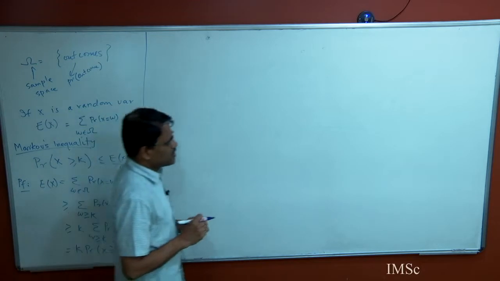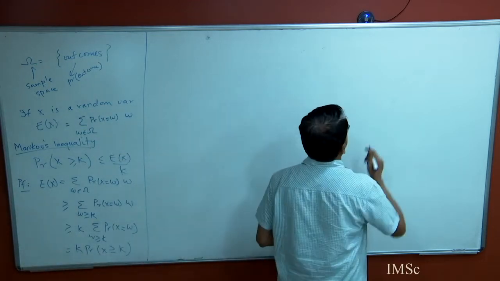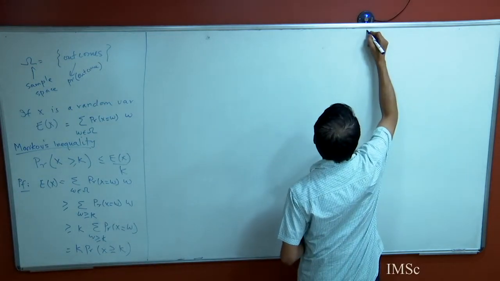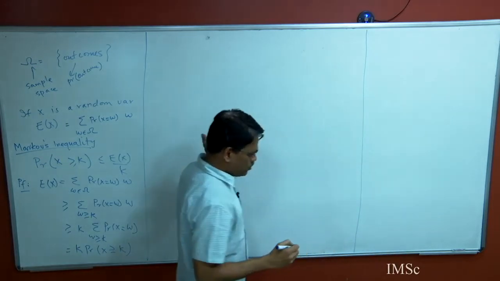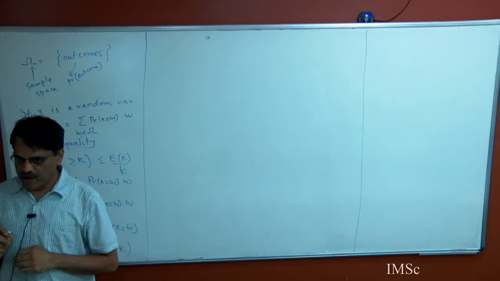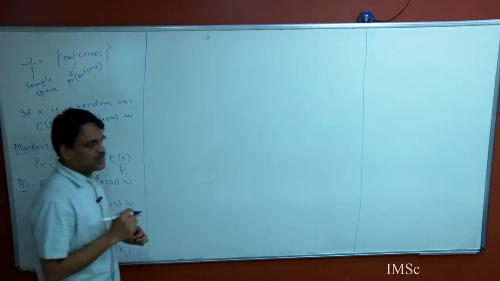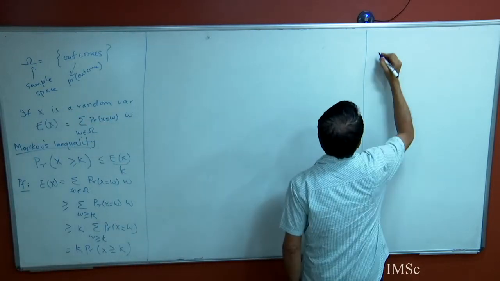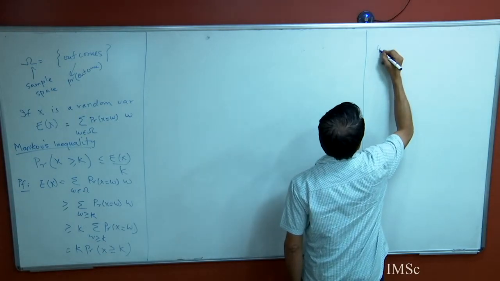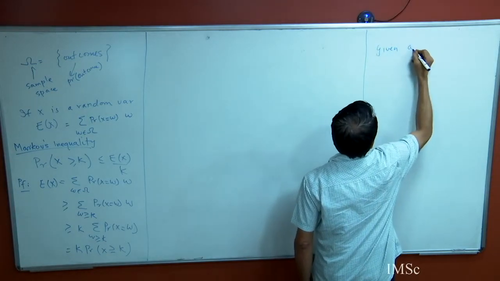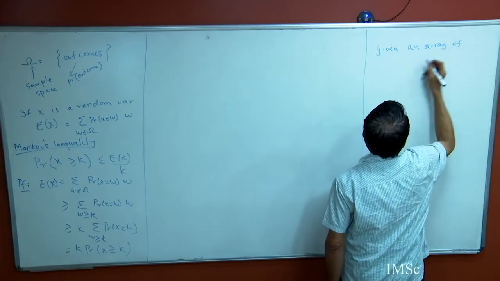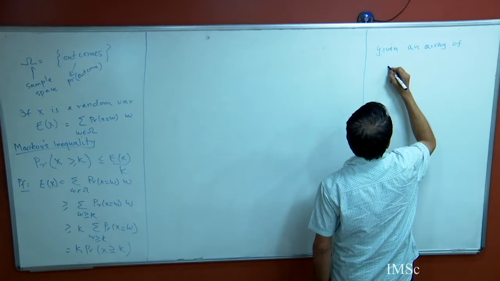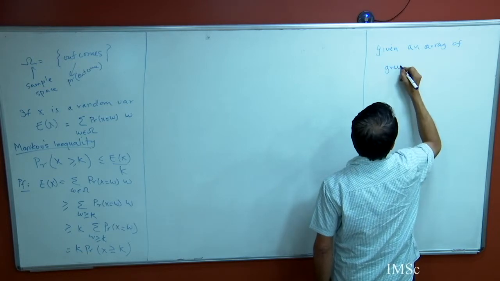So let's have some running example here. Okay, I don't want to do quicksort. Let's look at some very simple example. Let's say I am given an array of green and red balls.